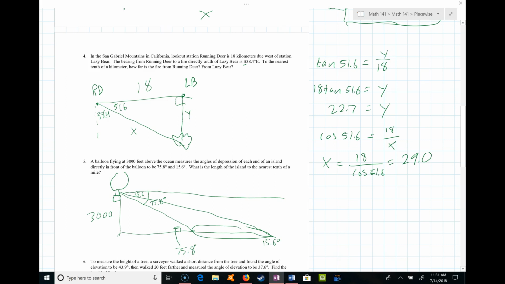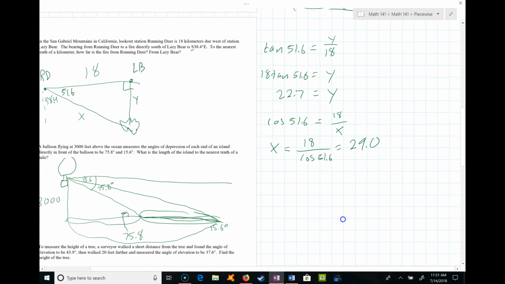So this one's going to take a couple steps to get it done, because we want to know how long the island is, but that's not really part of a right triangle, but it is part of this side of the right triangle. So if we found the entire length from here to here and subtracted off this one, that would leave us the length of the island. So we're going to do two problems and then subtract the results.